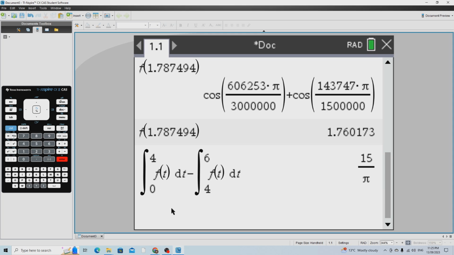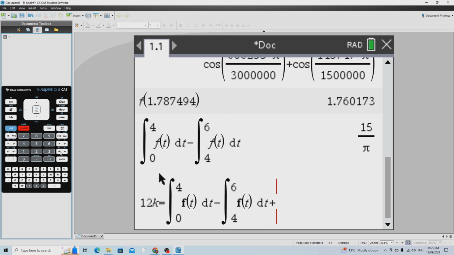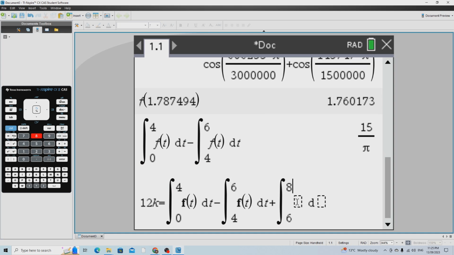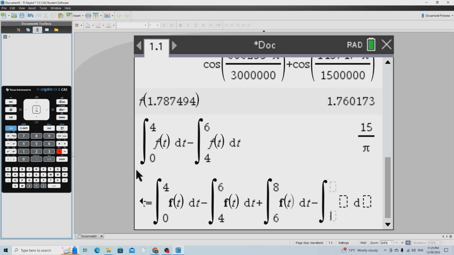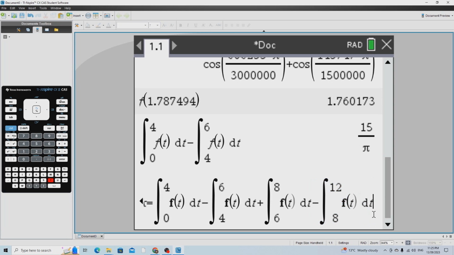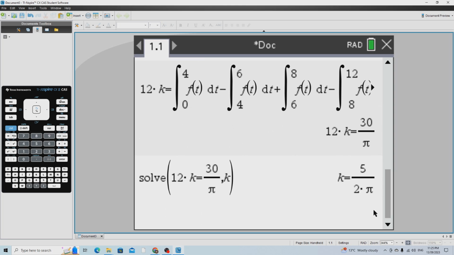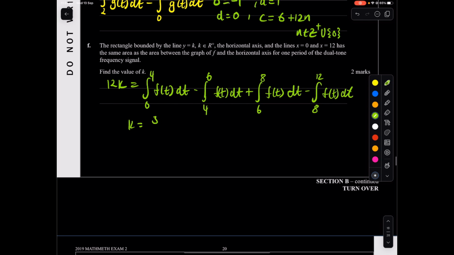Let's do this in a calculator. So 12k equals this over here, plus the integral from 6 to 8 of f(t) dt, plus, actually minus, the integral from 8 to 12 of f(t) dt. And we want to solve for k. So k is 5 over 2 pi. That's that.